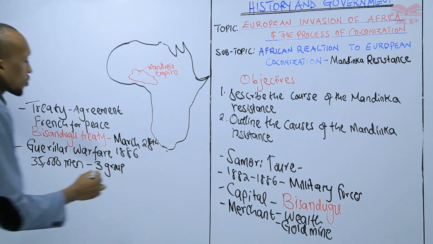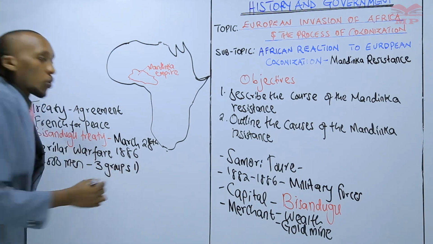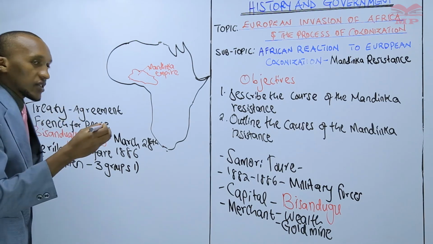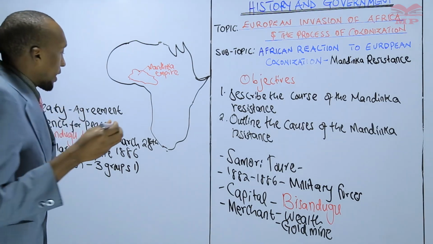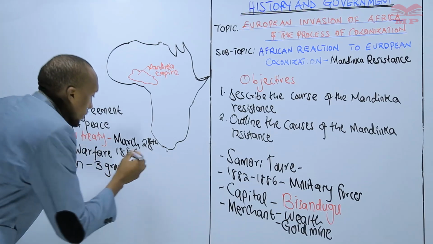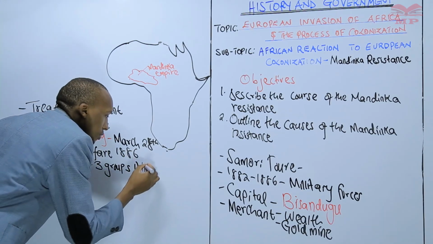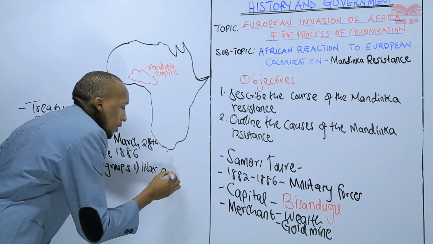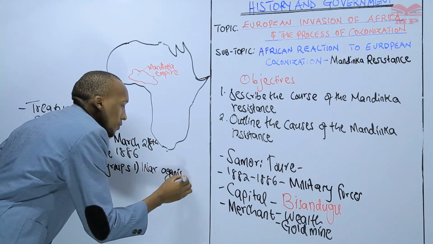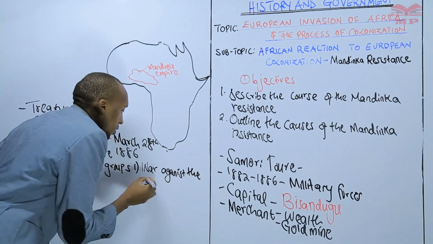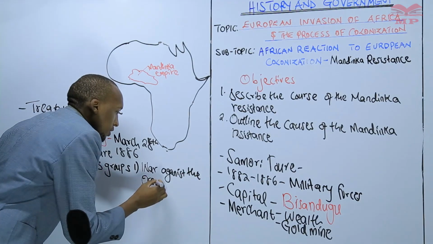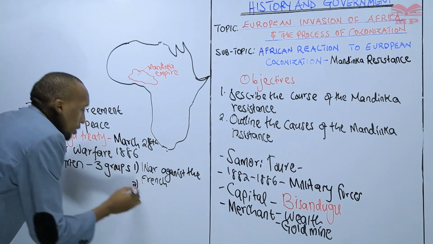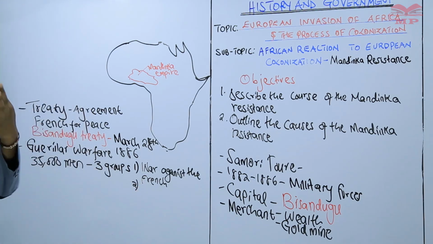The first one was the one that was directly fighting or advancing against the French, waging war against the French.